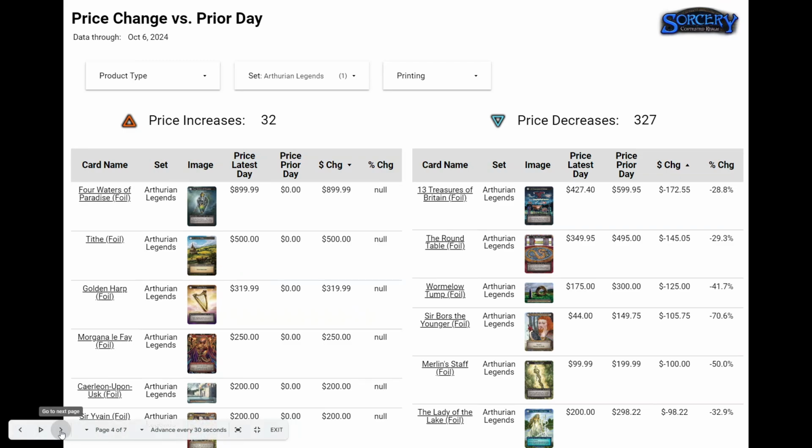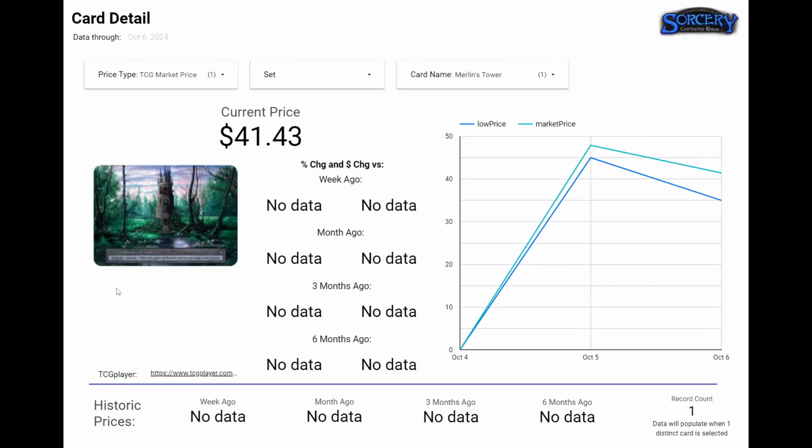All right, these next pages, this is card detail. This doesn't show a whole lot, quite frankly. This is probably more applicable to something like alpha or beta at this point. But the purpose of this page is to show what is the price versus a week ago, a month ago, 3 months ago, or 6 months ago. So over time, this page will become much more applicable to Arthurian Legends, where we could start to track prices.